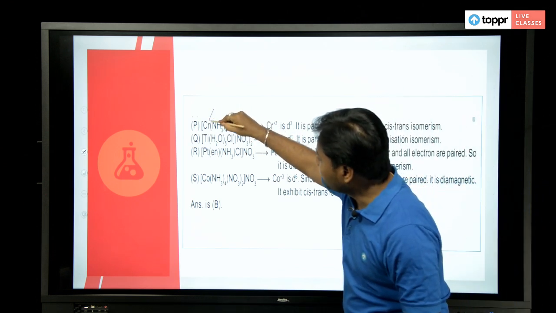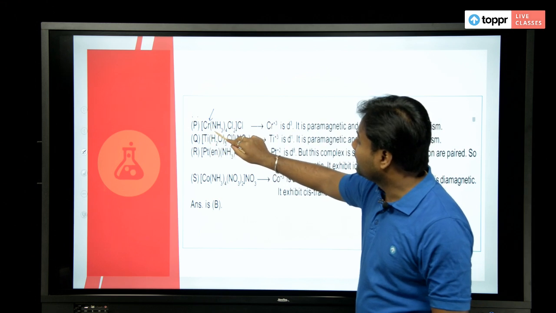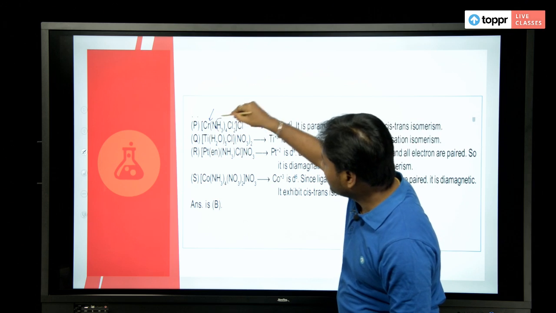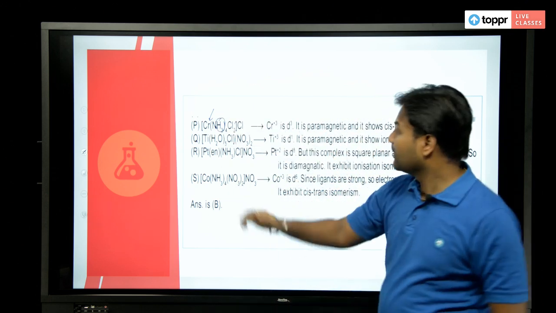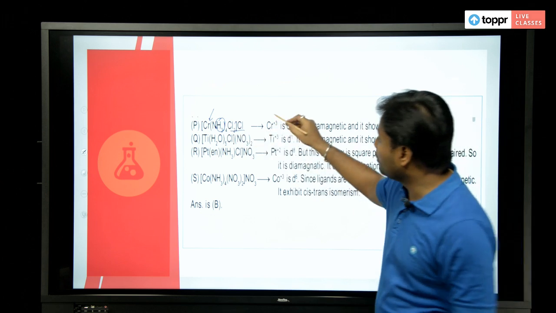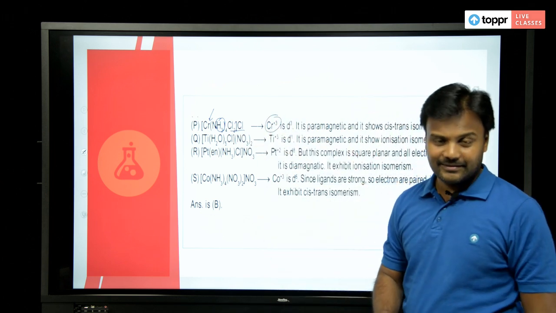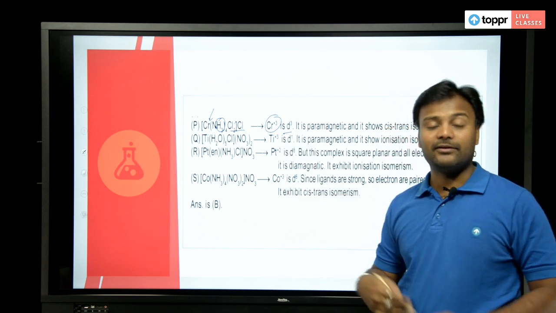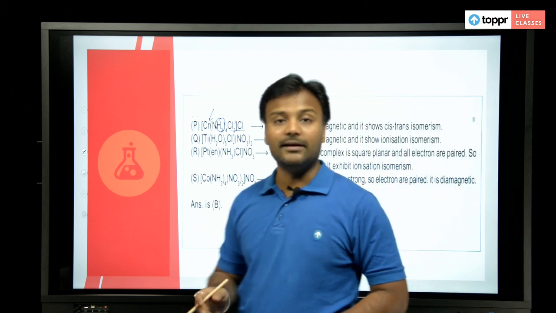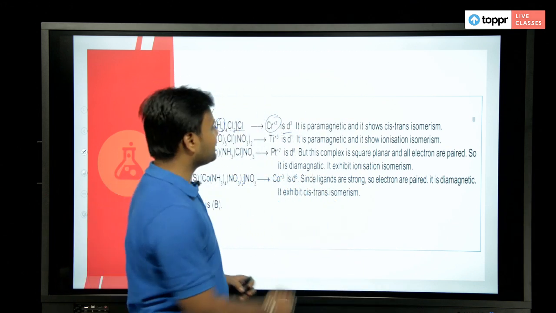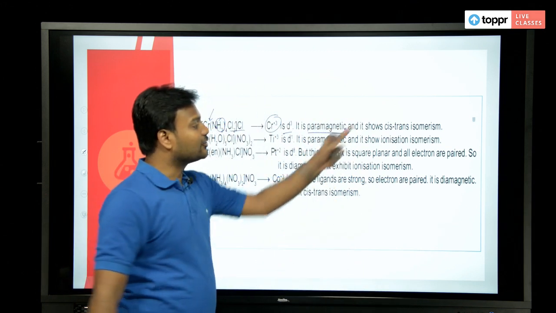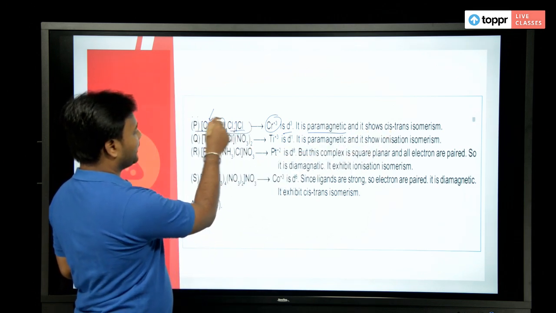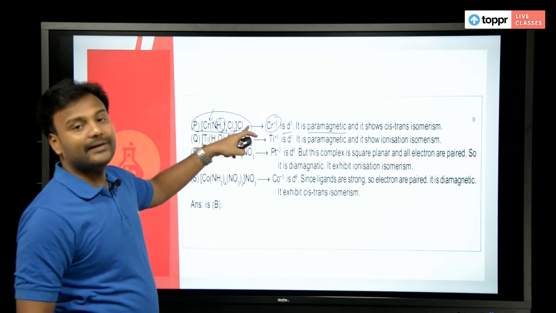Here the central metal atom is chromium. If you find out the oxidation state, ammonia is a neutral ligand, with the Cls you have 3 Cl, so Cr plus 3 is having d3. Find out the number of unpaired electrons: d3, 3 unpaired electrons, it is paramagnetism. It shows cis trans isomerism. Why? Because you can see the chromium with the number of ligands.